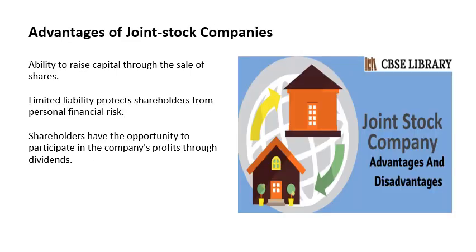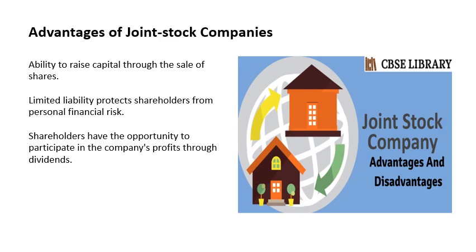There are some advantages of a joint stock company. The main advantage is being able to raise a large amount of capital through the sale of shares. Limited liability protects the shareholders from personal financial risk. This is one of the major advantages for the shareholders, who can use this concept to invest in shares or sell the shares.